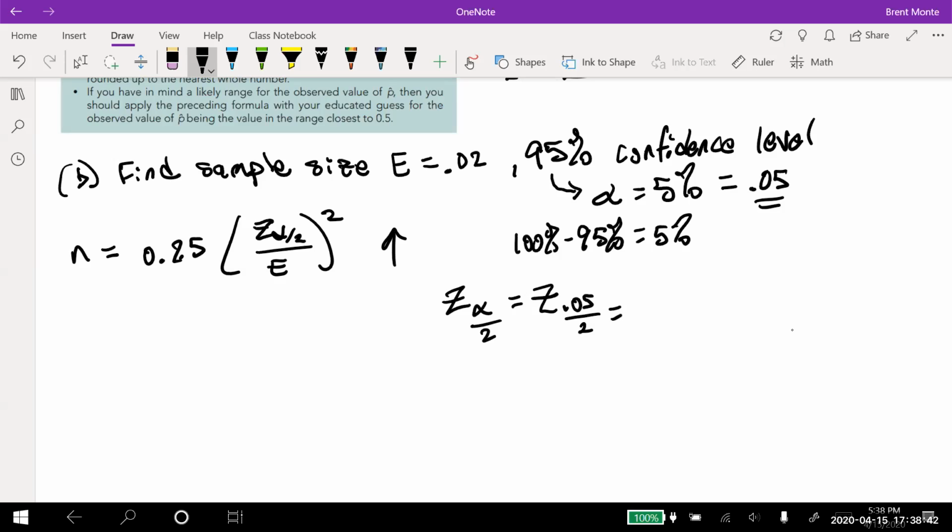And the way we're going to do that, remember, is we use the inverse norm. The value, again, truthfully, is going to be the positive Z value. This is going to give us the negative Z value, but we don't care because we're going to square it. I'll put it in as a negative and then I square it in the calculator and it goes away anyway. But it's inverse norm. And then remember what we do.